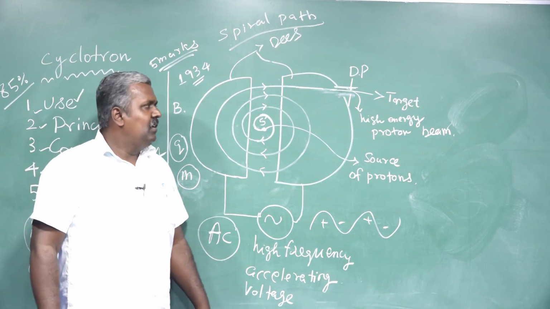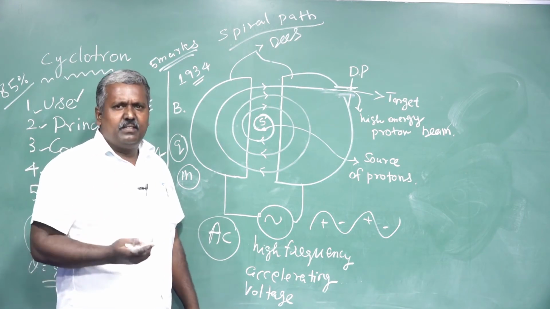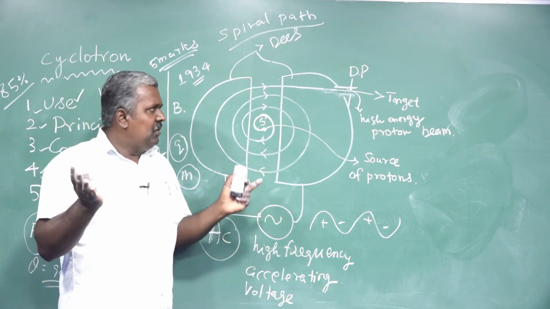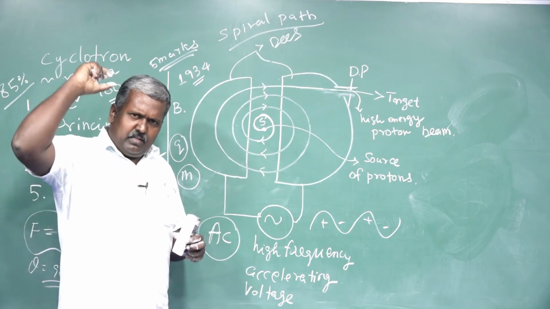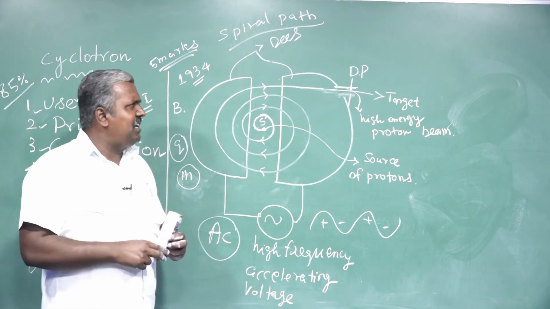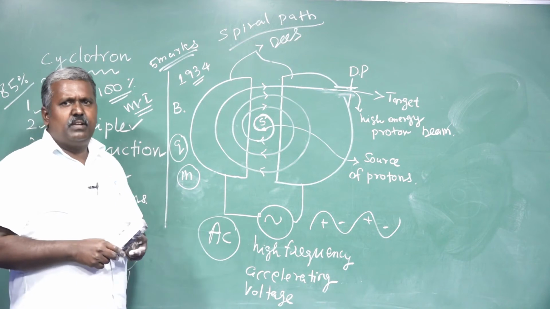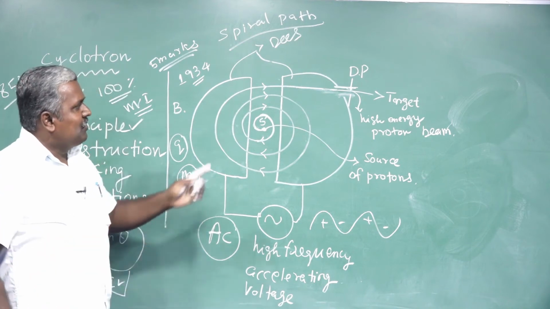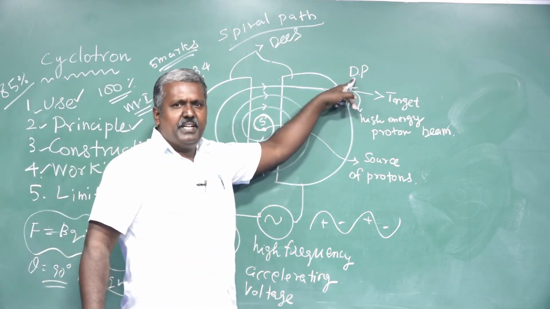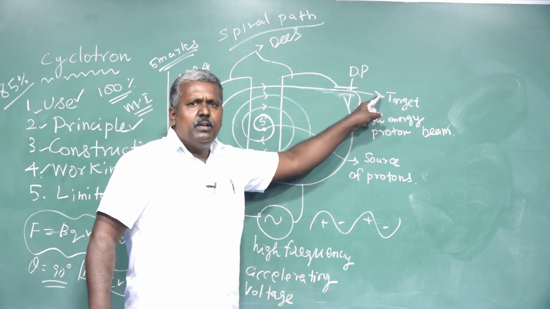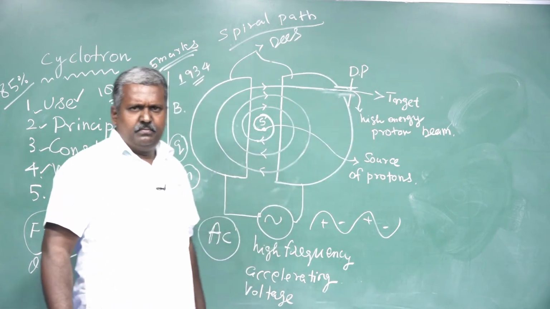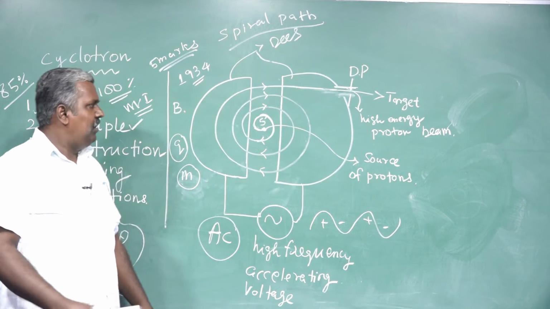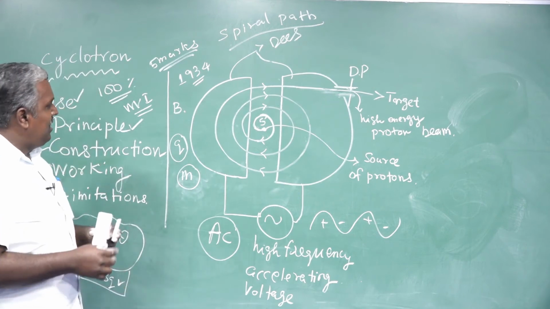What is the purpose of allowing it to hit the target? No need now, we will discuss this later in the next unit, in nuclear physics. So it is taken out with the help of the deflector plate and allowed to hit the target. Okay, listen properly now.